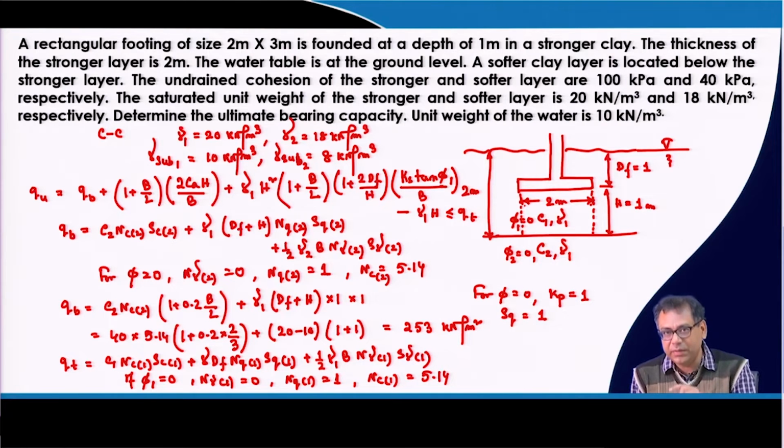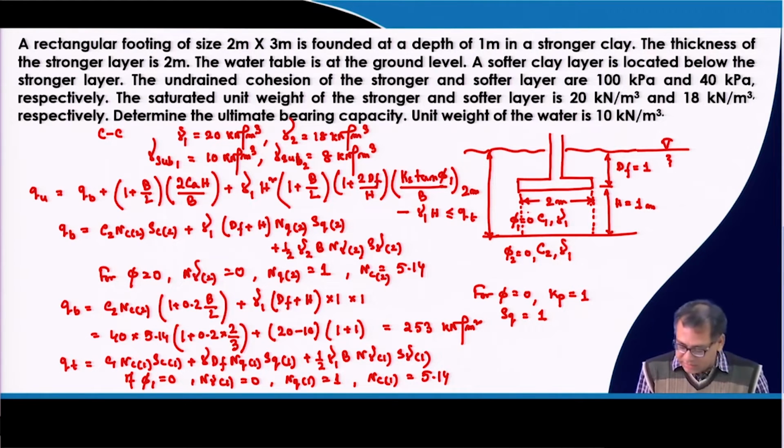When I calculate QB for the bottom layer, the footing depth will be df plus h, whereas for the top layer the depth of footing will be df. We have taken the h contribution twice, so you have to subtract it once, either during the QB calculation or from the basic equation.